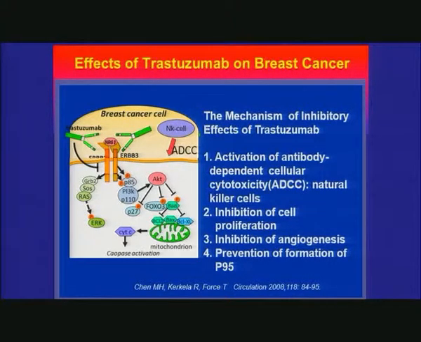One is activation of antibody-dependent cellular cytotoxicity, ADCC. It is a moderation of natural killer cells, the immunomodulation system. So Herceptin inhibits the growing of the cell. And also the inhibition of cell proliferation.